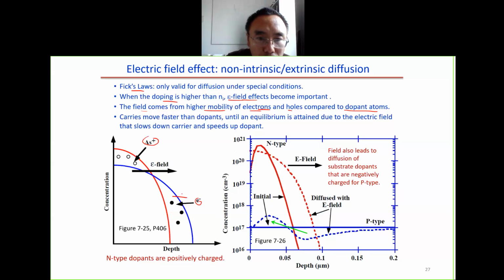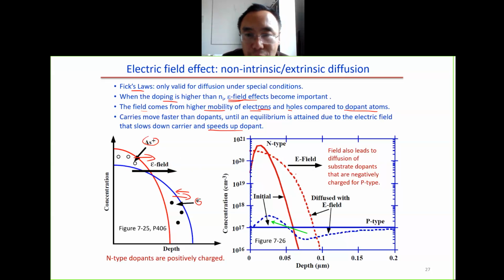Those electrons move faster than the arsenic dopant. But then we have this electrical field until equilibrium is attained. Because of the electrical field, the field slows down the electrons and speeds up the dopant. Then we have this equilibrium.